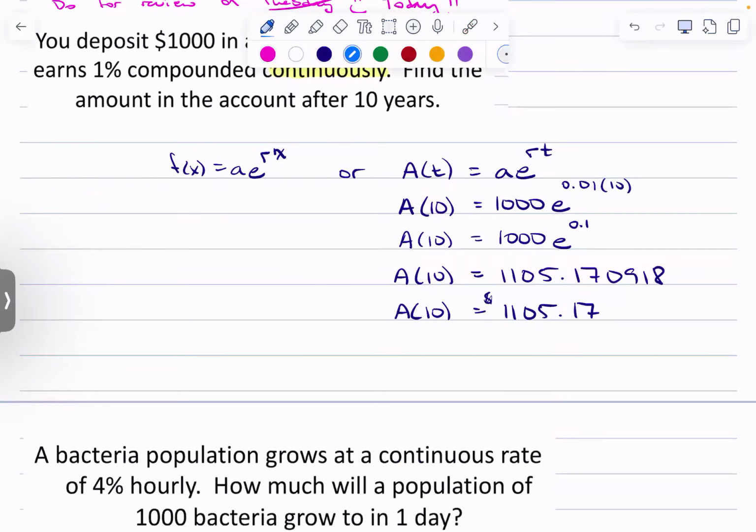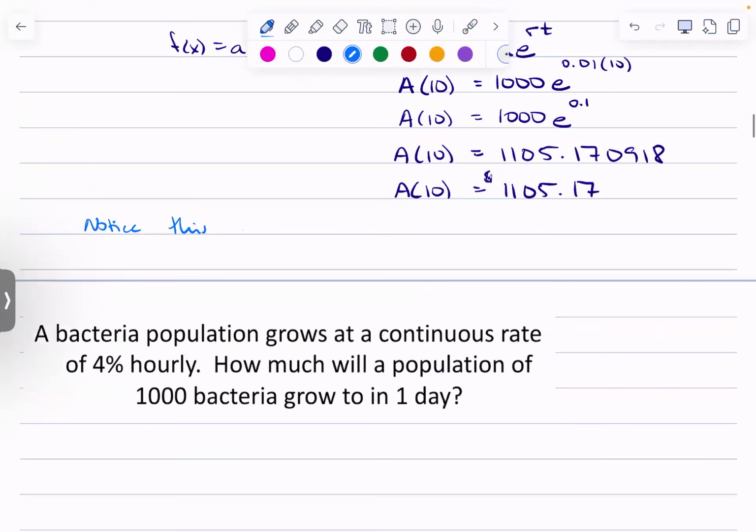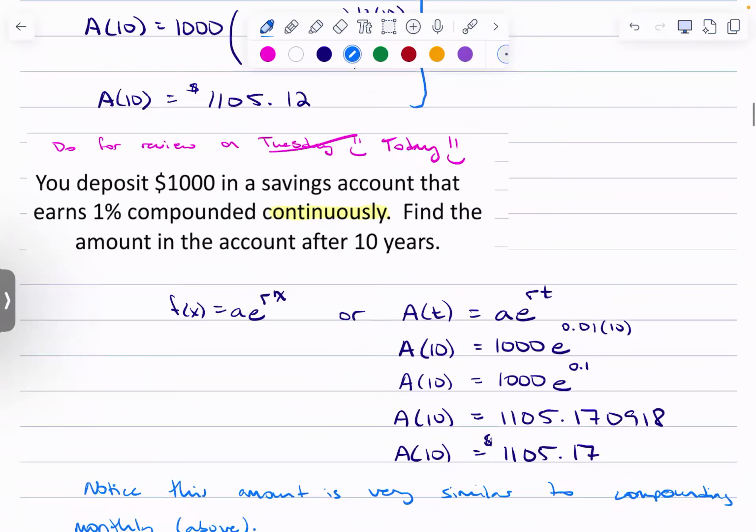So notice this amount is very similar to compounding monthly. The difference between the two results exists, but it's going to be pretty minimal.